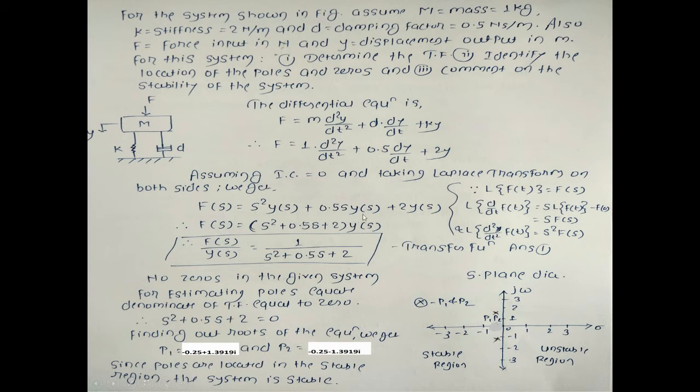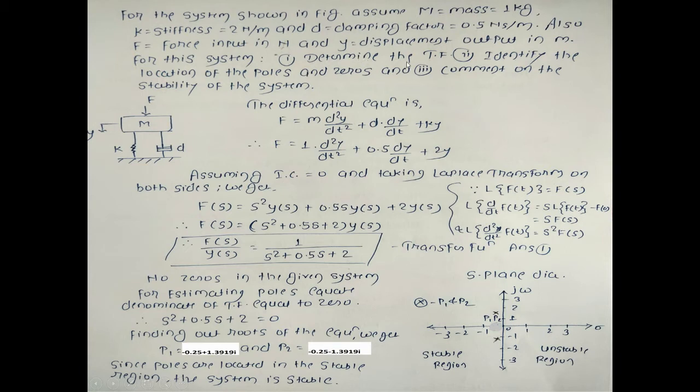Then we find the ratio of output to input, that is the transfer function, which is equal to 1 upon s square plus 0.5 s plus 2. So this is the transfer function for the given system.